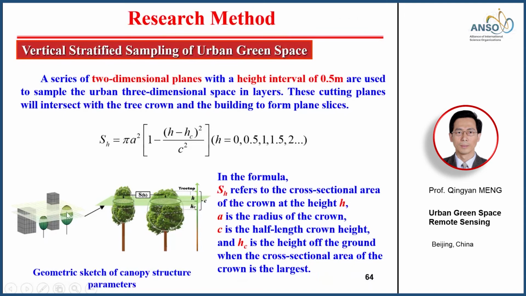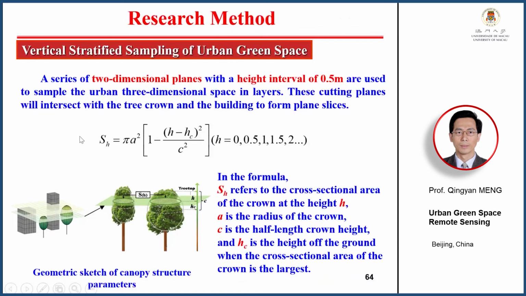With a height interval of 0.5 meter, we sample the urban 3-dimension space in layers, cutting the planes that intersect with the tree crown and the building to form the plane slice.